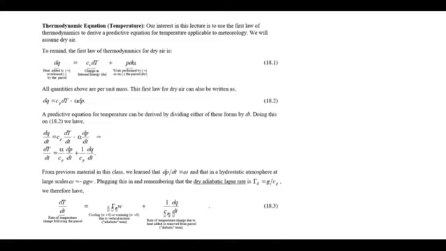Okay, so what we're going to do here is derive something called the thermodynamic equation. The thermodynamic equation is from the first law of thermodynamics, and this is a rate equation for temperature. You may recall that what we've seen so far in the class is a rate equation for the wind velocity, meaning the momentum equation, dV/dt equals minus 1 over rho grad p, the pressure gradient force, the Coriolis force, all that stuff.